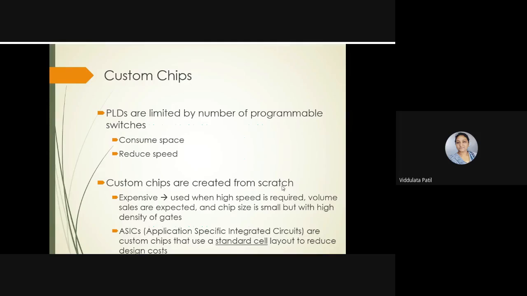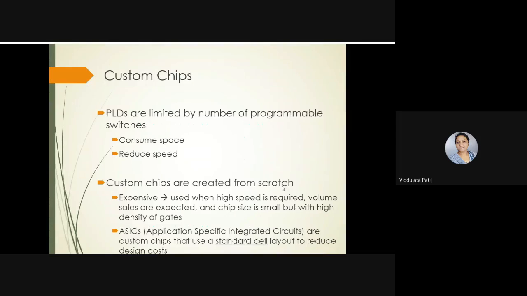So whenever we want a particular customized application in the firm, we can go for ASIC. If we go for ASIC design, it may be a full custom design. That means every part of that ASIC is user designed and user defined.